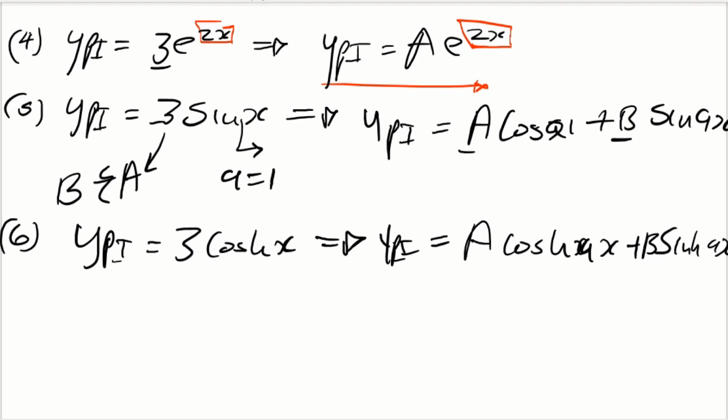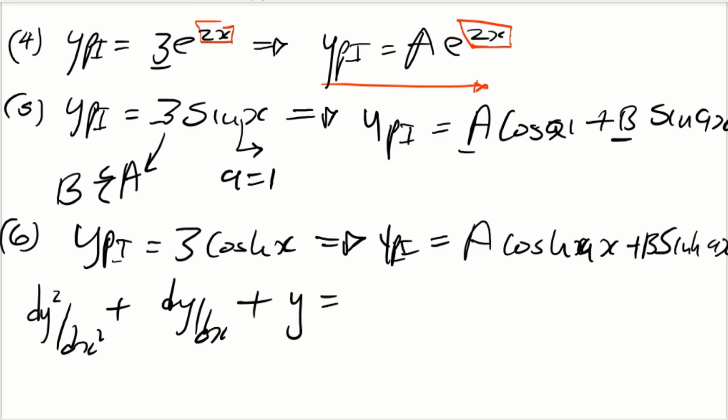These equations mean that your d squared y over dx squared plus dy over dx plus y equation is equated to a number or a function. It can be equated to any of these values that I just wrote here. It can be equated to any values.